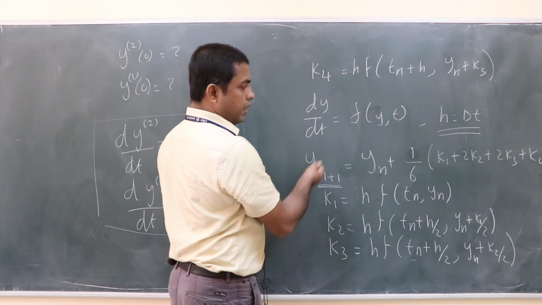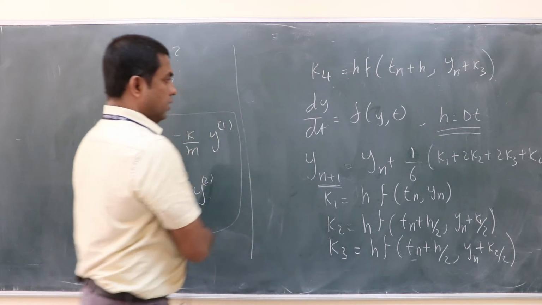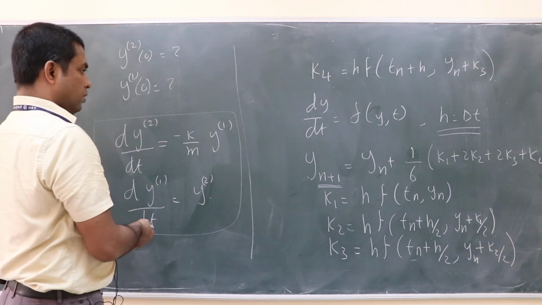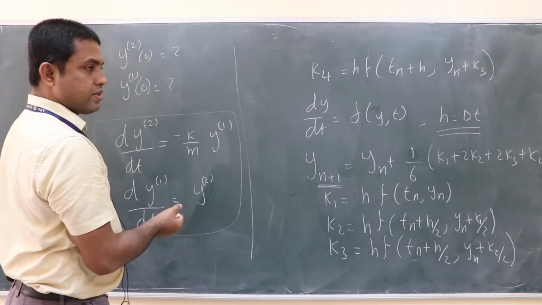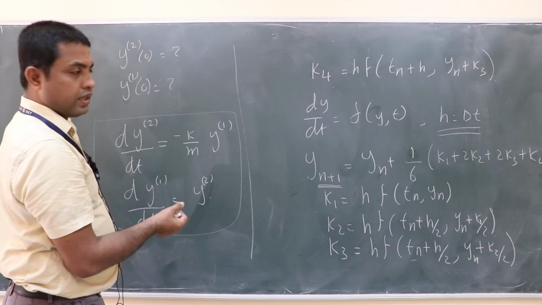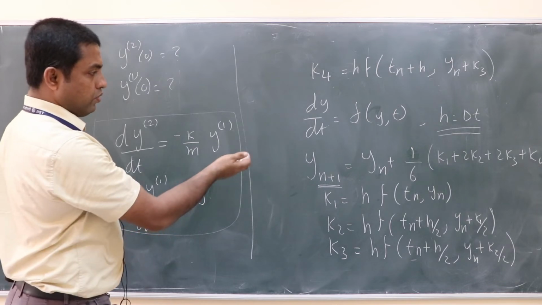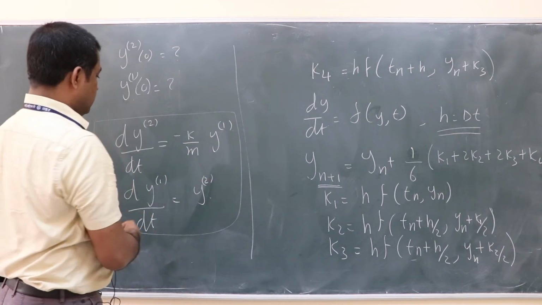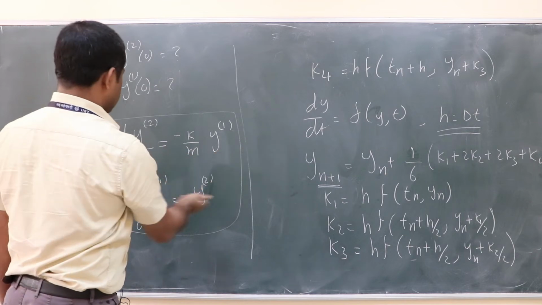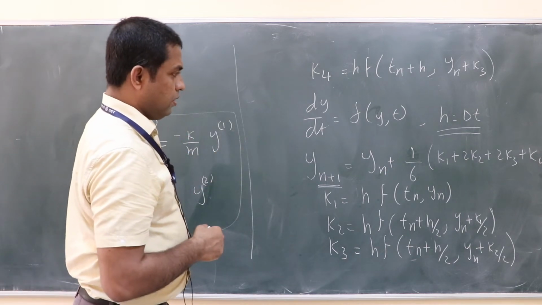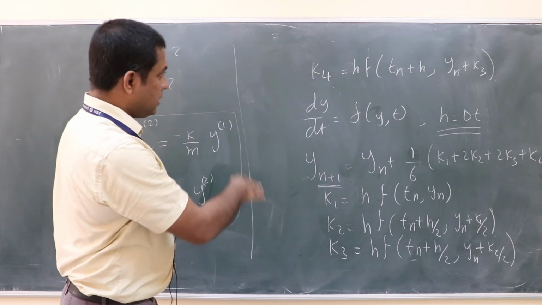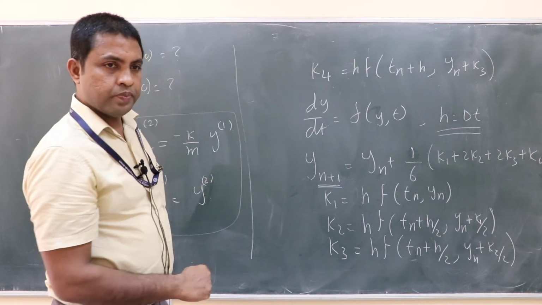This has better convergence, or error wise, even for a little larger delta t it will give a better result than the Euler method we discussed earlier. So any question on k1, k2, k3, k4 and all?